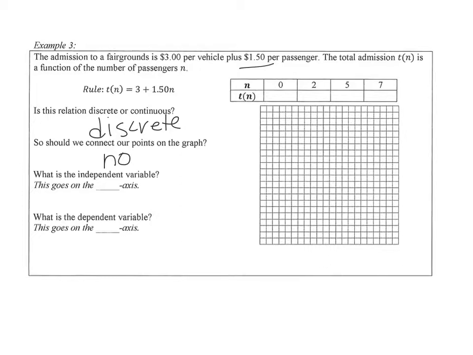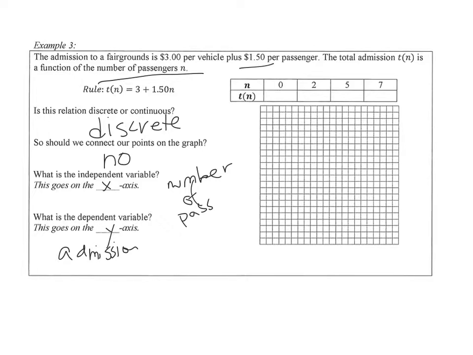The independent variable is your number of passengers, because the cost depends on the number of passengers. And then the dependent variable is on the y-axis, and that is the total admission or cost.